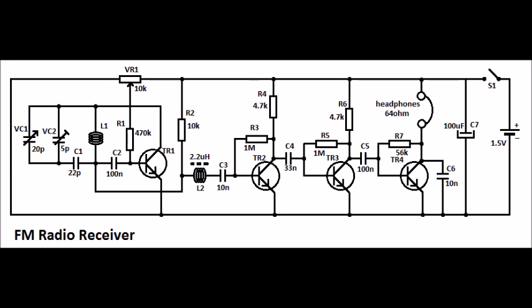So what the filter does is it allows only one particular frequency to pass through, say 150 megahertz. The signal that we get from the antenna is not necessarily at that particular frequency, say again 150 megahertz.